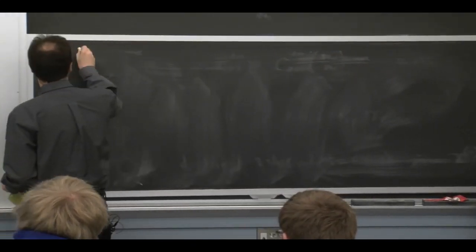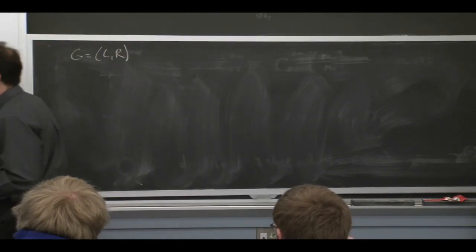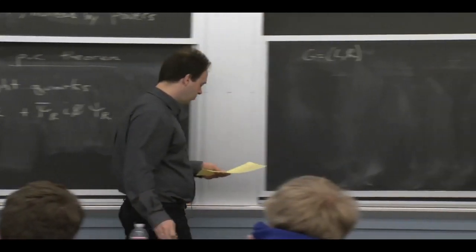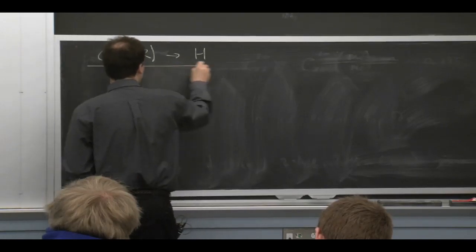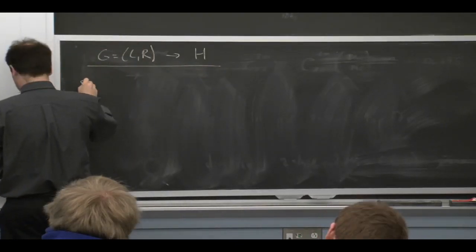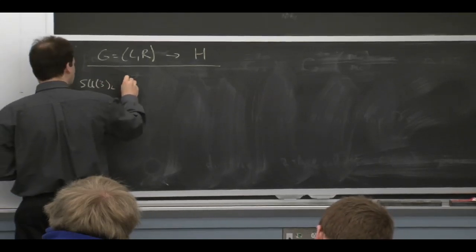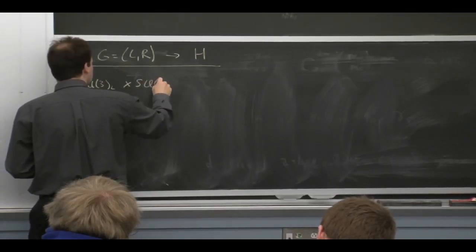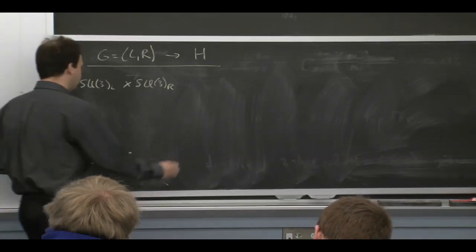So let's make a little table. We have a group, which is the transformations given by the left and the right, and it's going to be broken spontaneously to some other group. So it could be SU(3). So there's saying that the left and the right are in an SU(3), each of them.